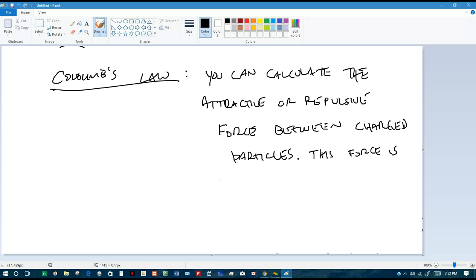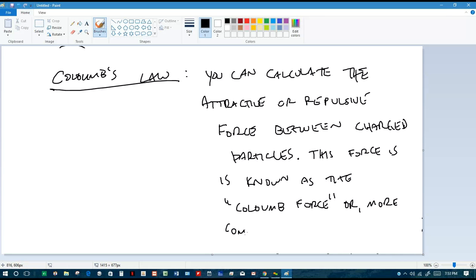This force is known as the Coulomb force, or more commonly, the electric force. So most people would refer to it as an electric force, right?